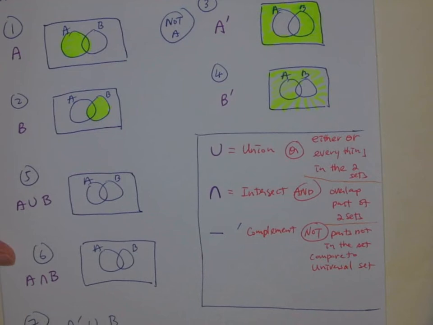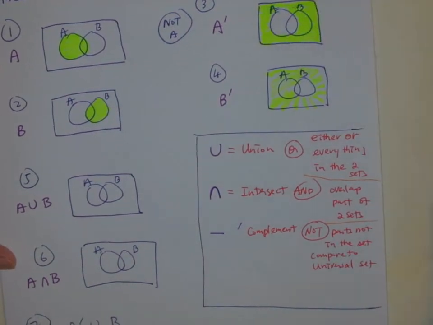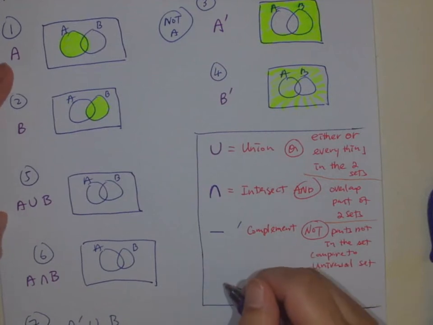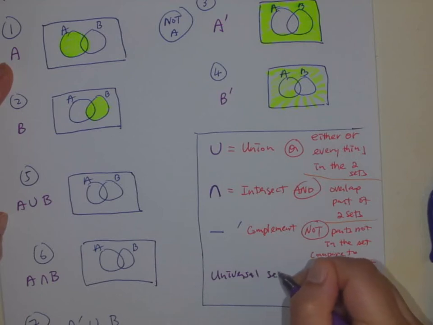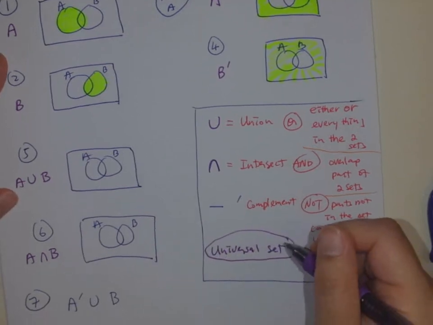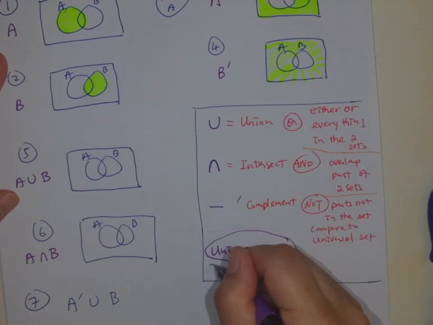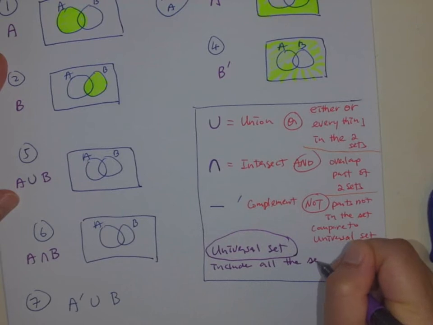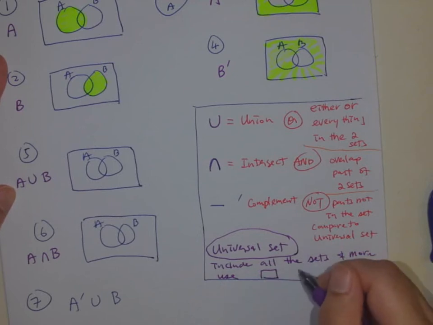We want the part that's not in A but in the universal set. So what do I mean by universal set? The universal set is going to include all the sets and more, and we use a rectangular box to represent it.